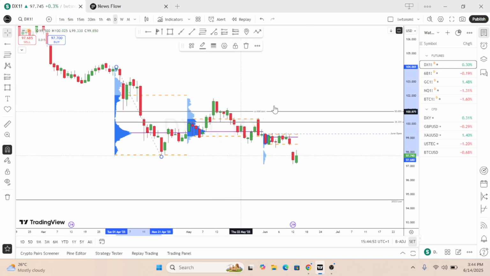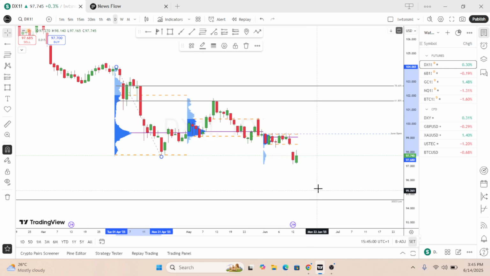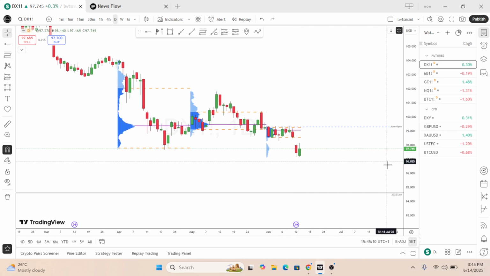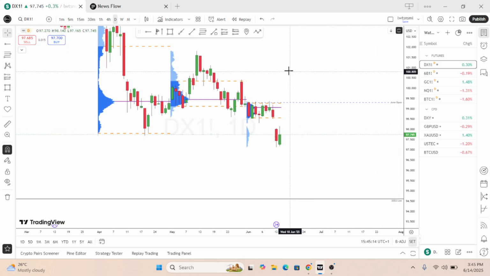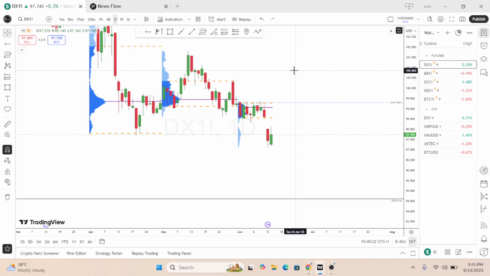It retraced into the 61.8 to 78.6 level of the Fibonacci before we got a rejection. But generally last month we still closed an inside candle. But this month, as we opened for the month of June, even on the very first day we had a strong push downward, and we did reach the previous month's low, which is May's low.